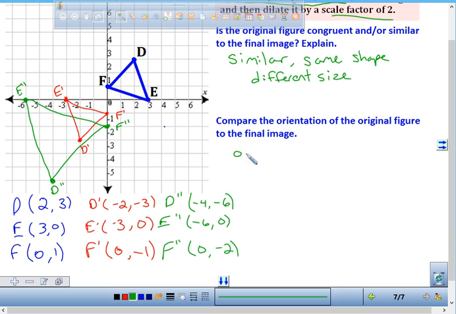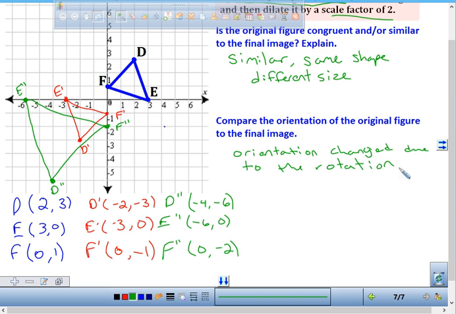Okay, so the orientation changed due to what? Due to the rotation. Good. I think you guys did all right there. Okay. Any questions?